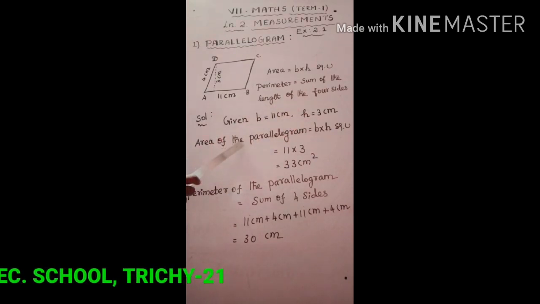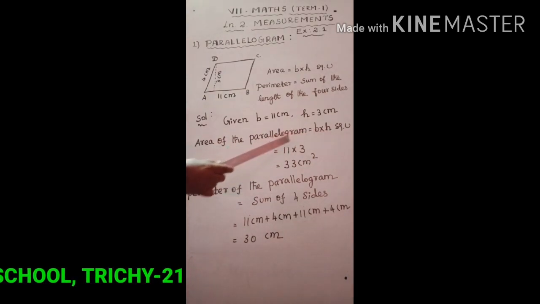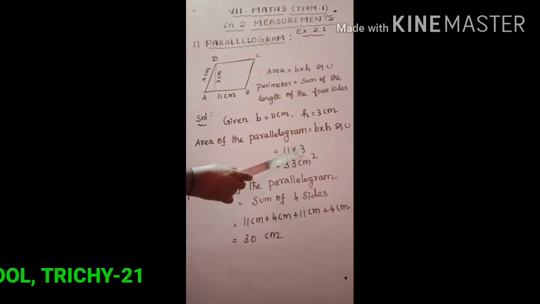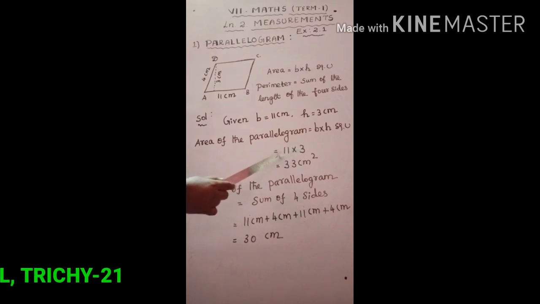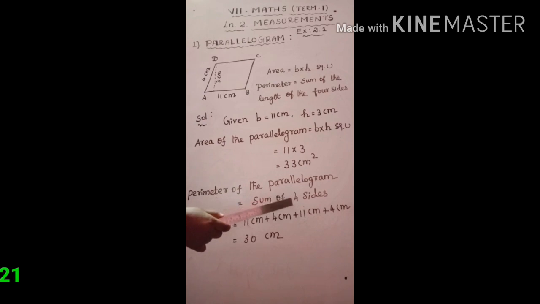Then the area of the parallelogram using the formula base into height square units. Here base is equal to 11 centimeter multiplied by height is equal to 3 centimeter. 11 multiplied by 3 is equal to 33 centimeter square. And also the perimeter of the parallelogram is equal to the sum of four sides.